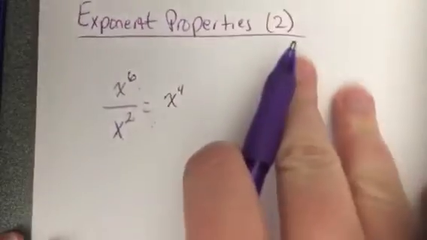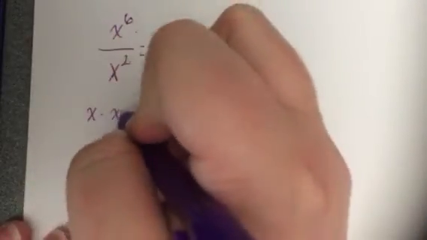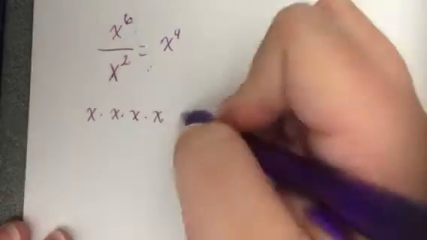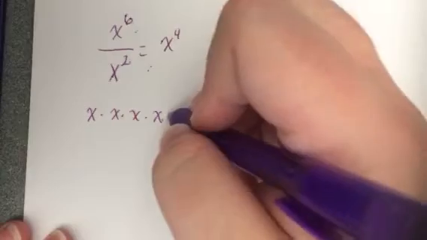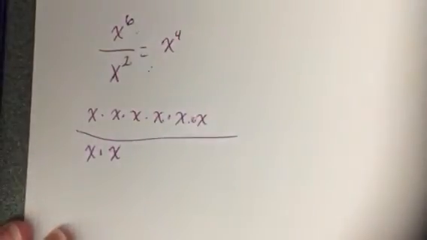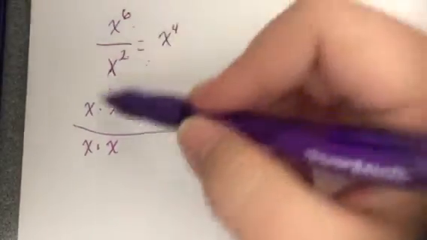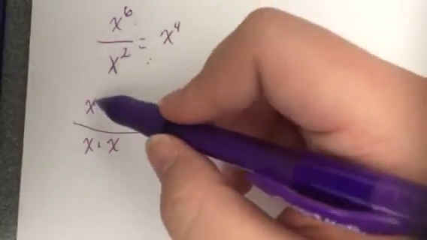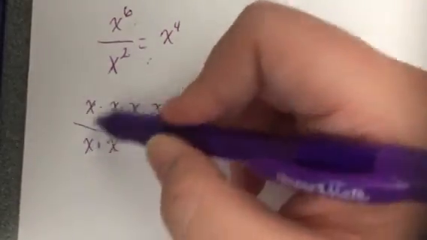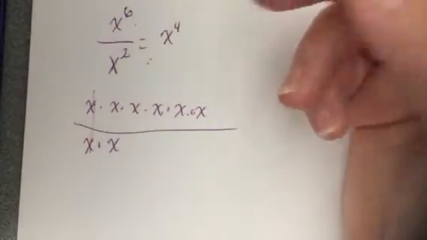Now if we write this out in expanded form, x to the 6th is 6 x's: 1, 2, 3, 4, 5, 6. That's multiplication, okay? Over x squared, which is x times x. Now here's how this works. When it's written out in expanded form like this, x over x is just 1.